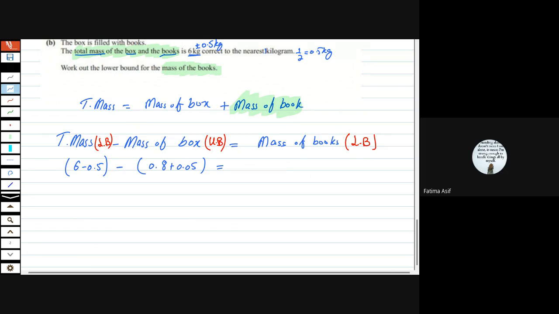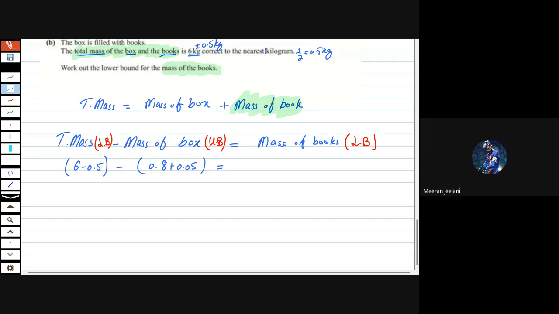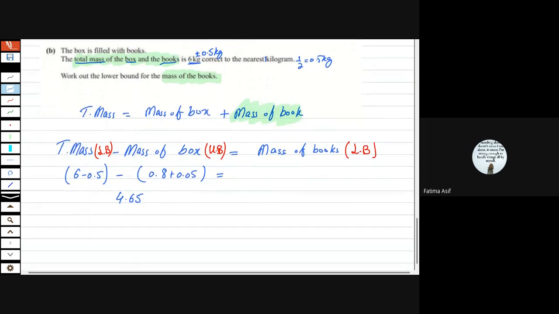Let me calculate. The answer is 4.65. And everything is going to be in kilograms, right? Yes, 4.65.